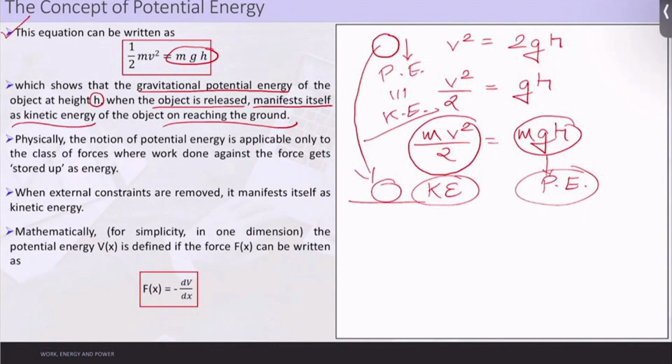Fine. That's how you can understand this line, half mv square equal to mgh. Please remember this part of the explanation is done when we were at the higher location, and this part when we were at the lowest location.